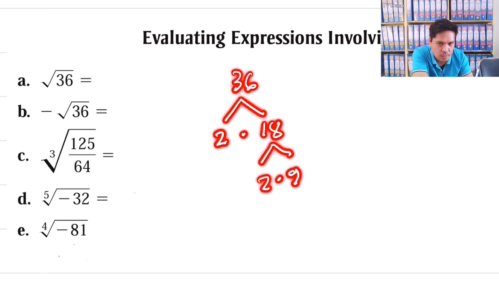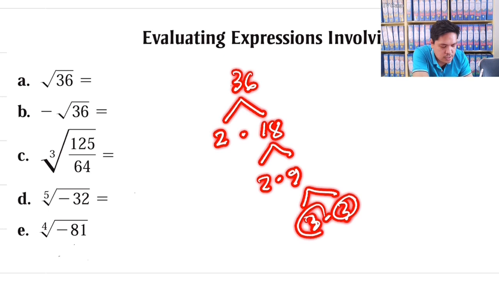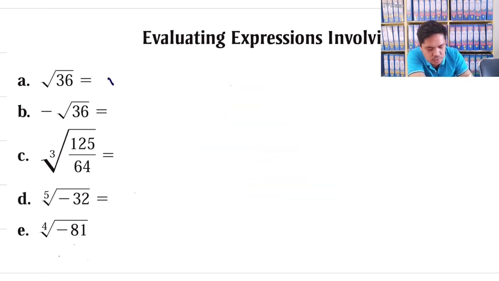Tama ba? And factor ng 9 is 3 times 3. So, meaning, ang factor ng 36 is 3 times 3 times 2 times 2. Diba? So, pwede kong isulat dito, this is 3 times 3 times 2 times 2.